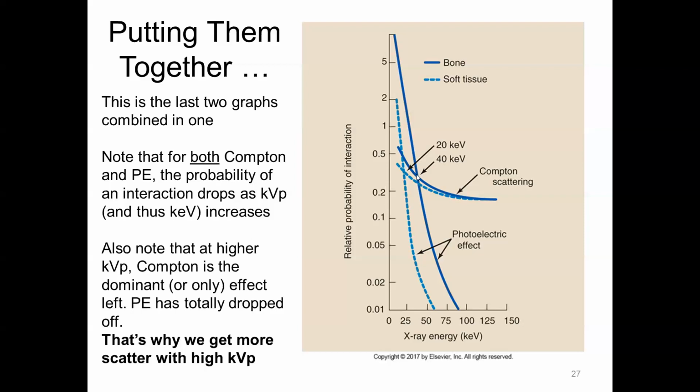Compton, they're pretty equal. You're going to have a decent amount of Compton scatter in the soft tissue and in the bone. So that's low energy level. Let's increase it. Let's bump it up to 100 keV. So maybe something that involves contrast.